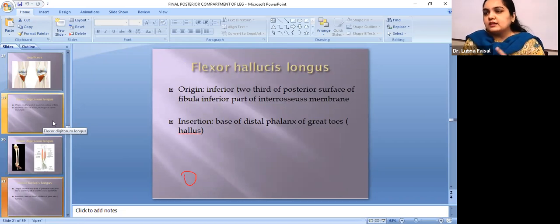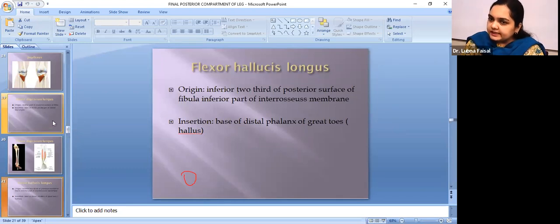Plus, now the one thing regarding the popliteus muscle. The popliteus muscle is a small muscle, and it does not cross the ankle joint. So it is not a plantar flexor of the ankle joint. It is only a flexor of the knee joint. The remaining muscles in the superficial and the deep subcompartments of the posterior compartment are responsible for plantar flexion at the ankle joint, for flexion of the toes, and inversion at the tarsal and the subtalar joints.